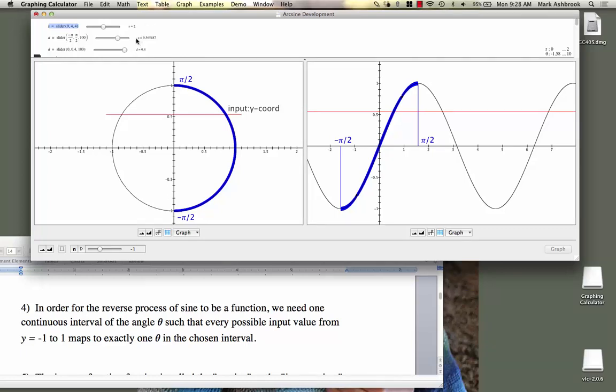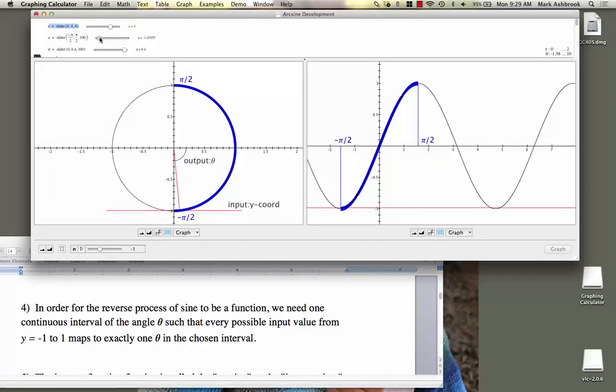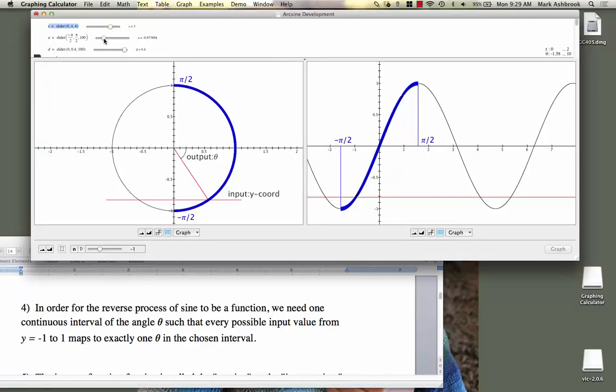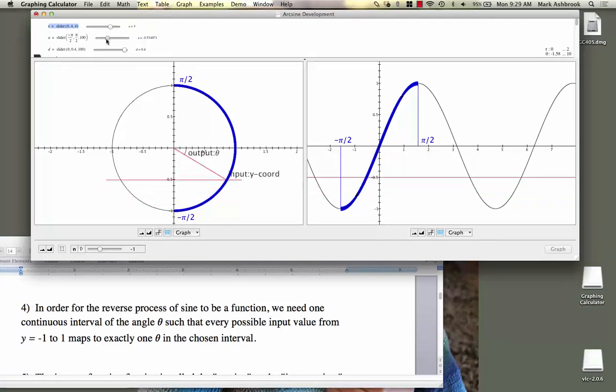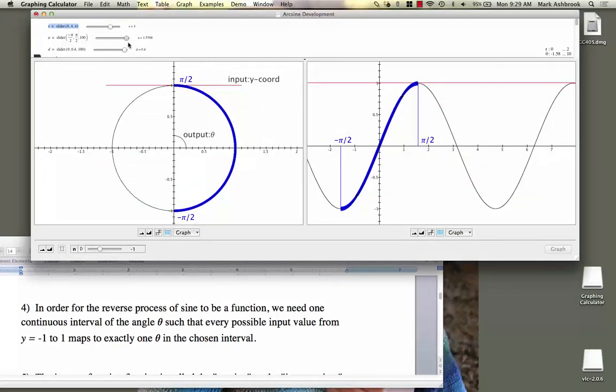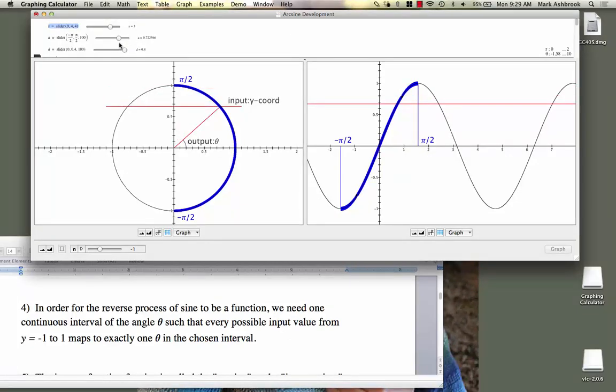So then our input is the angle, still the angle swept counterclockwise from 3 o'clock, but then here, what are those angle measures? We're sweeping clockwise. So those angle measures are negative. So the range of angles from negative pi over 2, or clockwise from 3 o'clock, to positive pi over 2, gives us exactly one output angle for every input y coordinate.